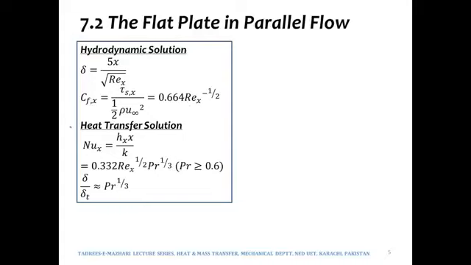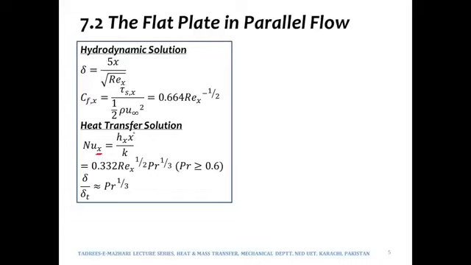Now coming to the heat transfer portion, this is the expression for Nusselt number, where Nusselt number is hL over k if it is a flat plate, or hD over k if it is flow through a pipe. But over here we have x in the suffix of Nusselt number, so we are talking about the local Nusselt number.